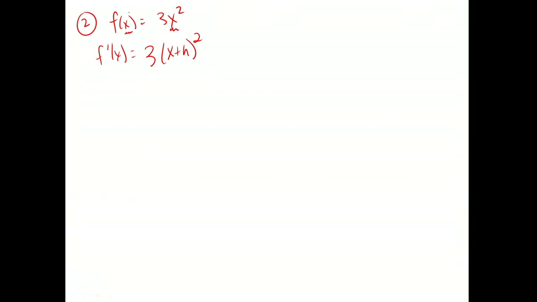Again, if I was plugging a number in for x, if I was asking you for f of 2, I think you'd all hopefully say, okay, so x is really 2, so I put a 2 in for x, and I get 12 for my answer. Well, I'm asking you for f of x plus h. That's what's in the formula. So I should say, all right, so x plus h is playing the role of x, so I should drop that in right there. And that's exactly what I did, right? That's f with x plus h filled in for x.